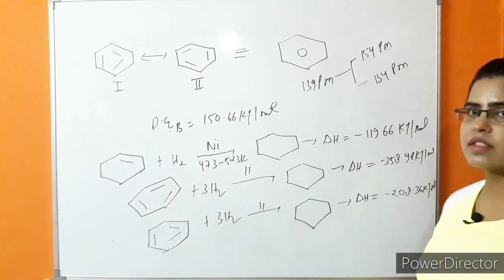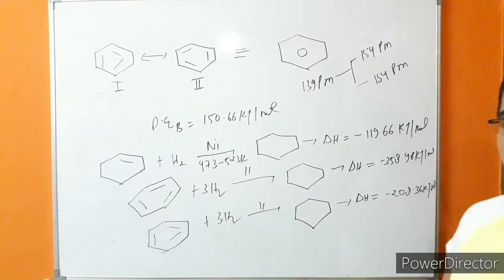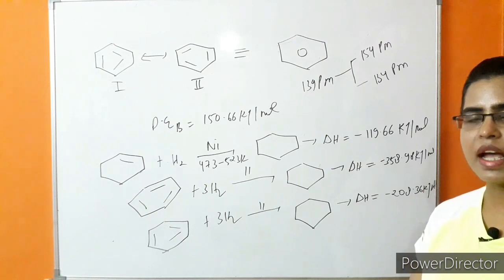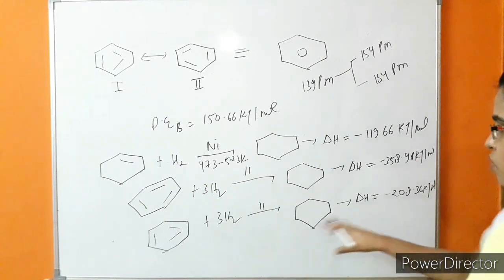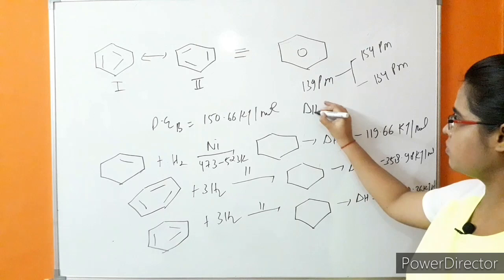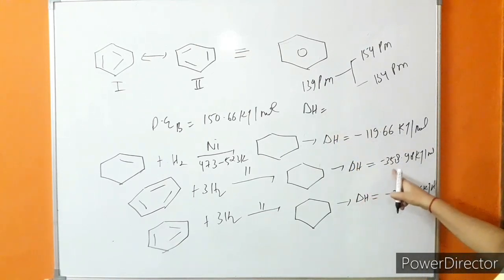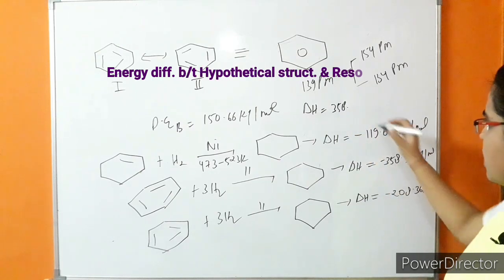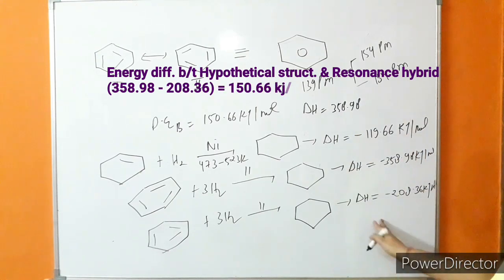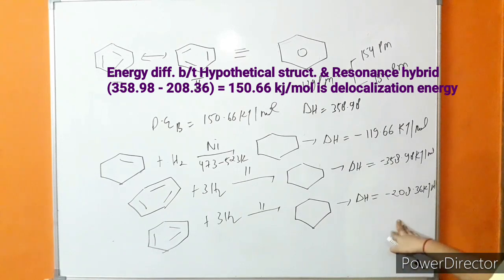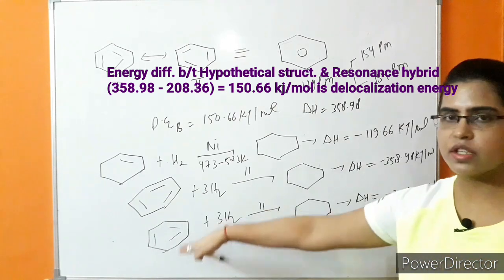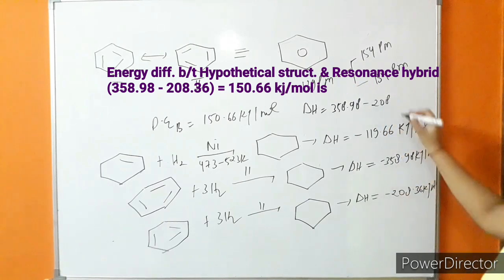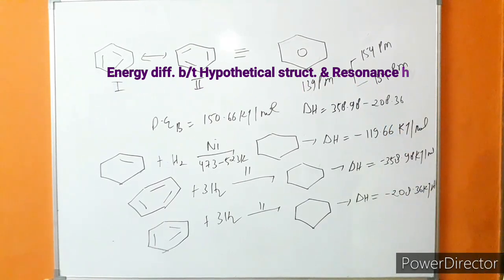So what is happening in this case? We know what delocalization energy is: it is the energy difference between the resonance hybrid and the hypothetical structure. So what is the energy difference? The hypothetical structure has an energy of 358.98 kilojoule per mole, whereas the actual energy released during hydrogenation of benzene is minus 208.36 kilojoule per mole.